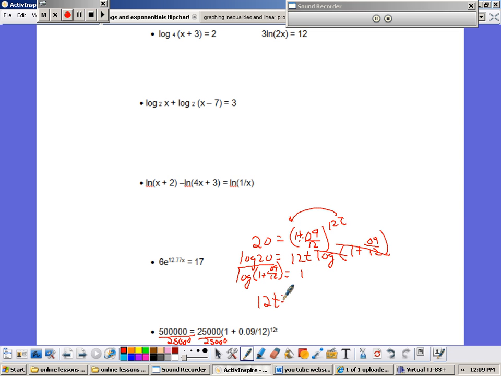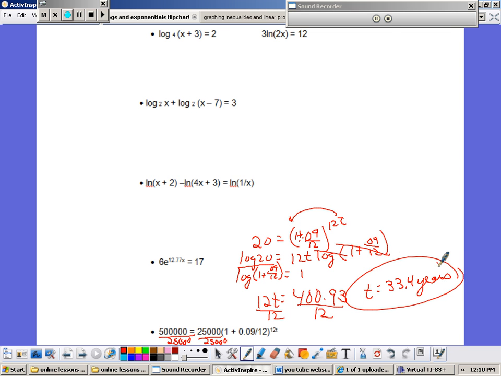So 12t equals the log of 20 divided by the log of 1 plus 0.09 divided by 12, which is 400.93. Divide by 12 again. T is 33.4 years.